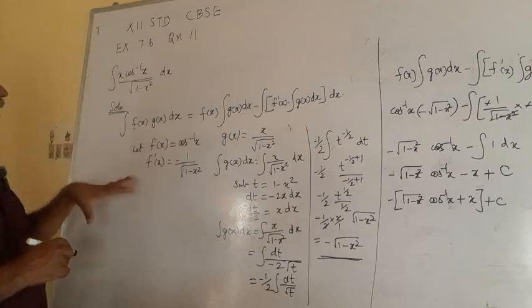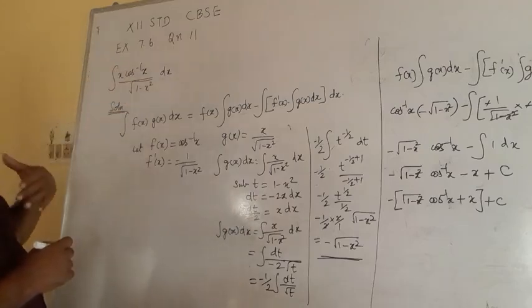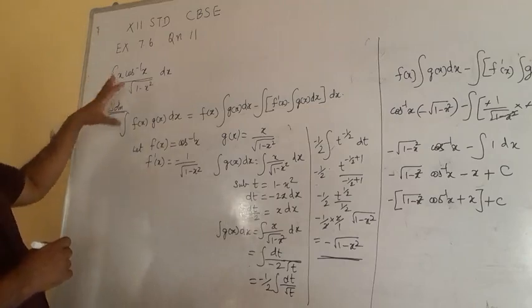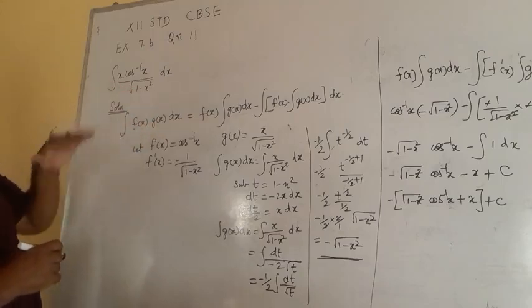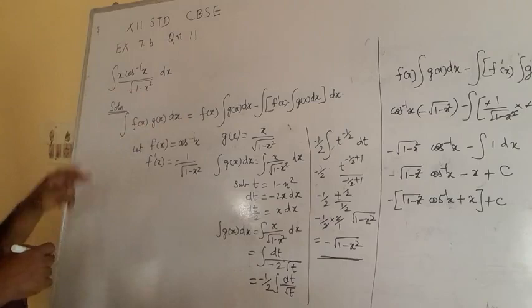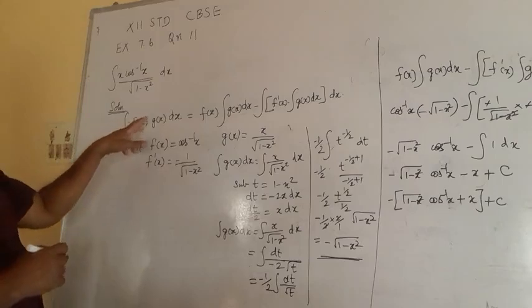To find the integration for it, here there are two functions. In differentiation we have a product rule. In integration also there is an integration formula for the product of two functions.